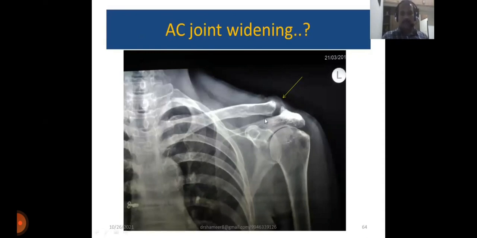Okay, this was a case of TB, AC joint tuberculosis. The patient came to OPD without history of trauma, with definite pain, swelling, and an X-ray suggestive of widening with a degenerated margin. It may be AC joint pathology, AC joint osteoarthritis, or a tubercular arthritis.